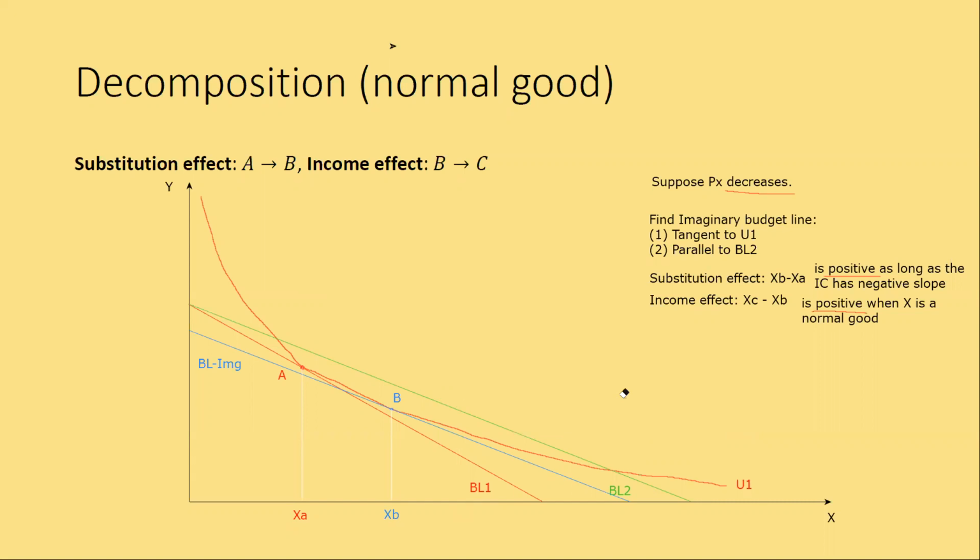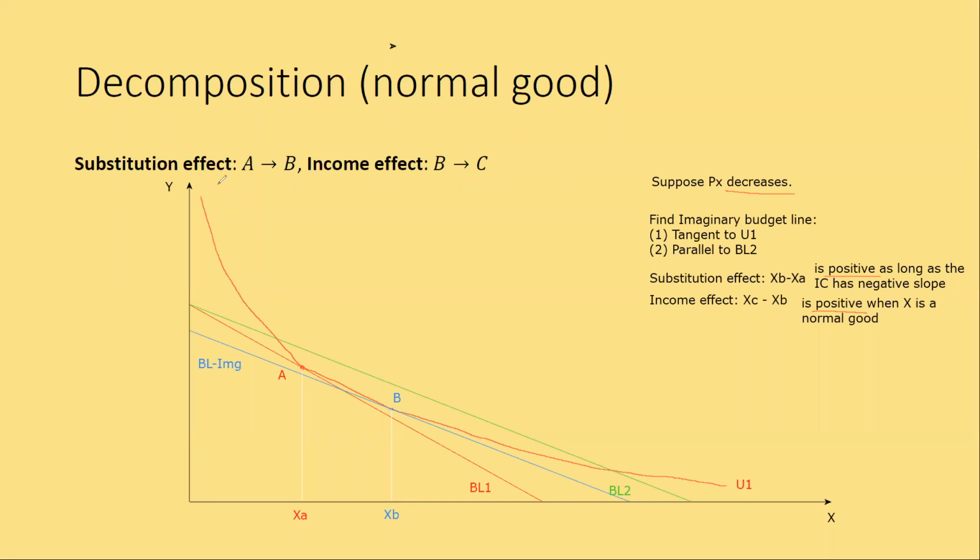Well, the original budget line is still the same. This imaginary budget line is also the same. But instead of being a normal good, good X is actually an inferior good, which means when your income increases, your consumption of good X will decrease. Now, what might that look like?